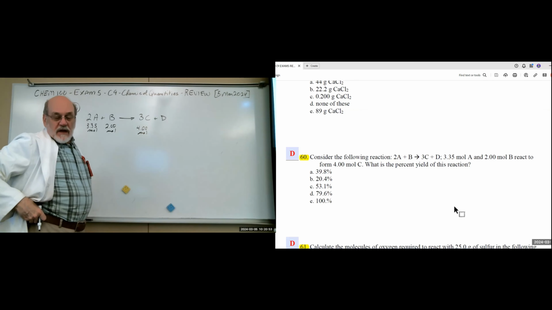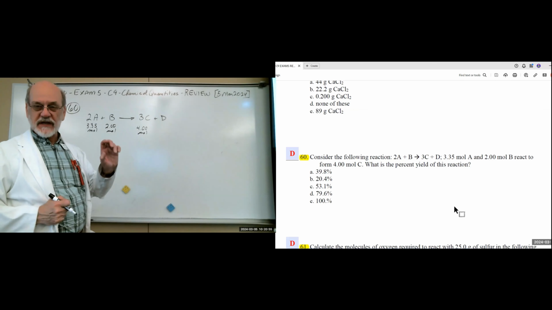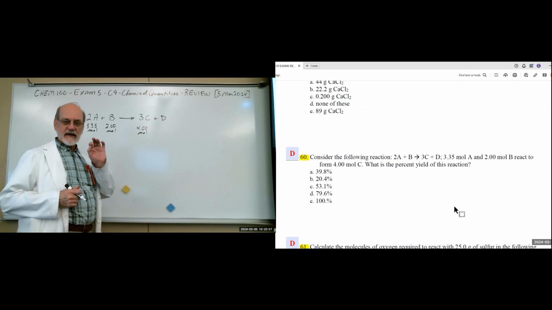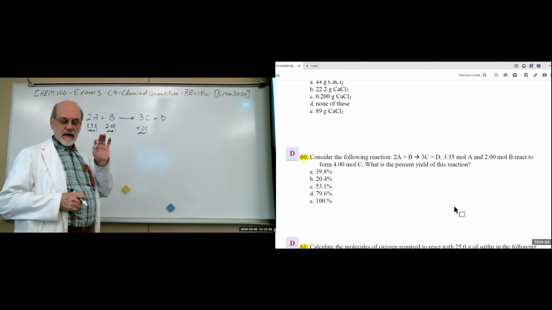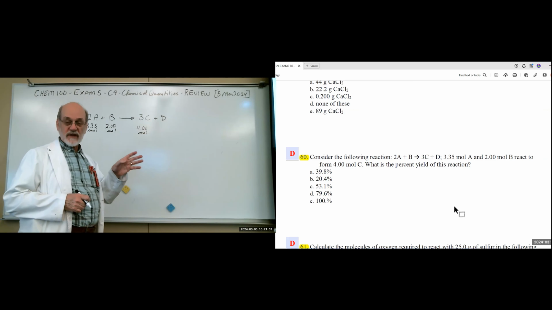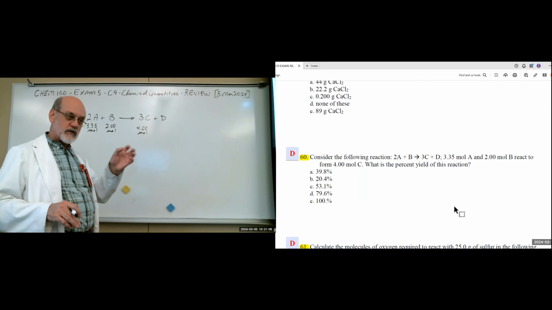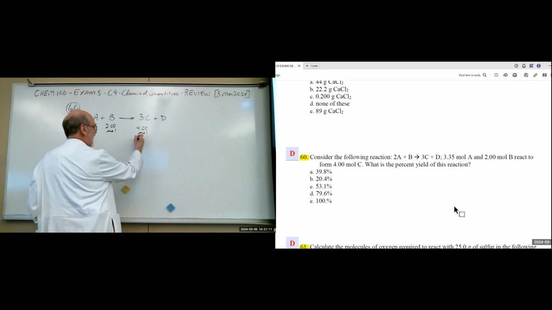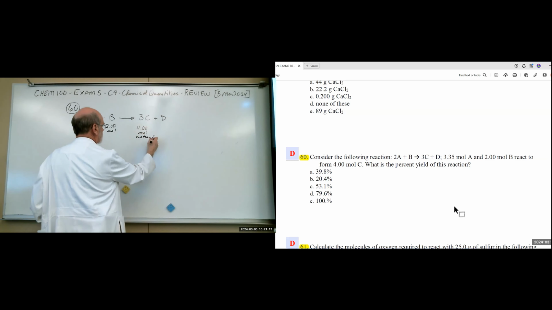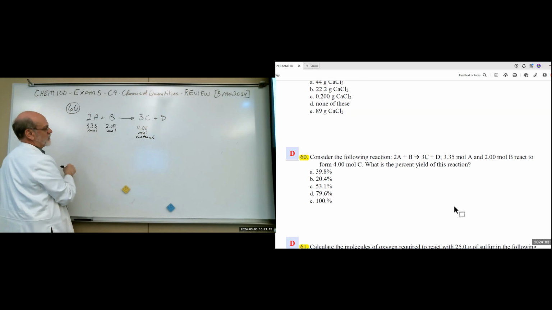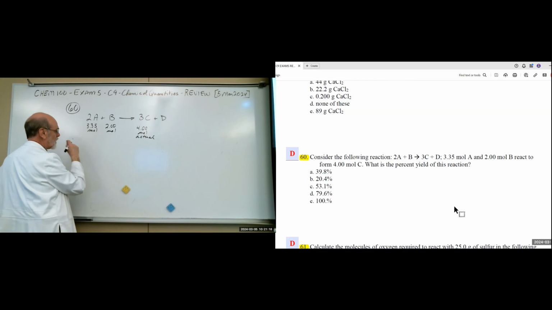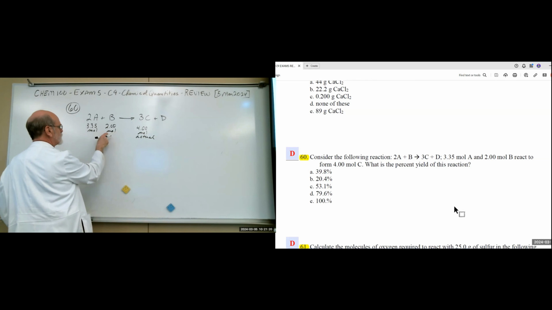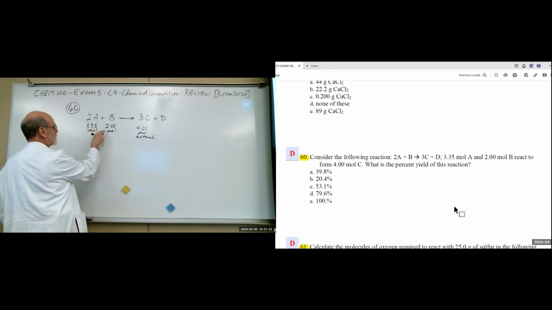All right. We're going to calculate percent yield based on moles, which I showed you in our lecture gives the same number whether you use mass or moles. So this is the actual amount, and this will give us a theoretical amount. For every one of these, you need two of those, so this needs to be 4.